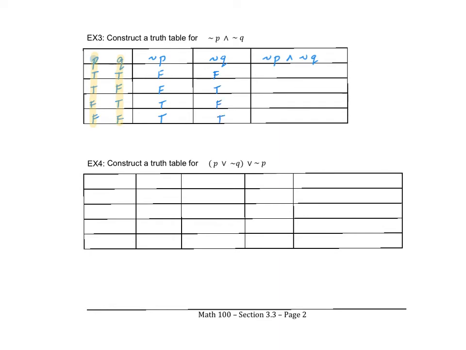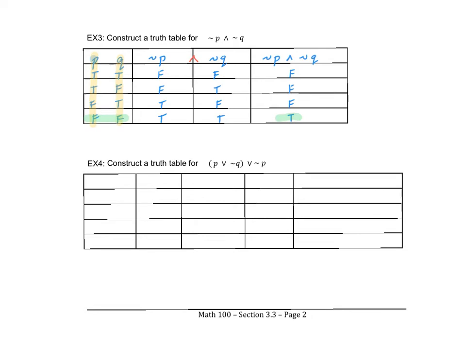So we're going to put these together. Remember, we're looking at this as being the AND statement. So in an AND statement, if we have false, false, it's false. False, true is false. True, false is false. True, true is true. So for this particular example, not P and not Q is only true when P and Q are both false.